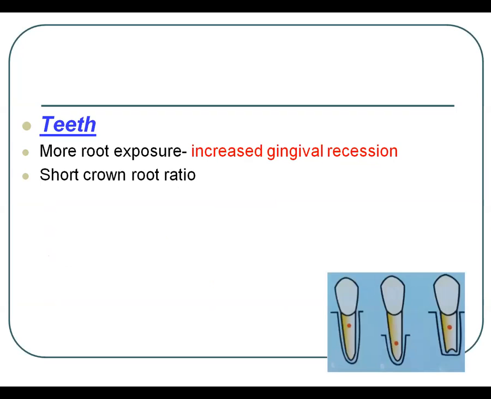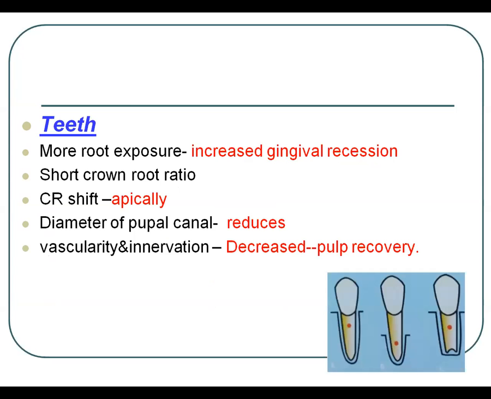Next, coming to the teeth. In the teeth there will be more root exposure, as you can see, due to gingival recession, and there will be a short crown-root ratio, which means the crown exposure is more than the root. The center of resistance will shift more towards the apex.